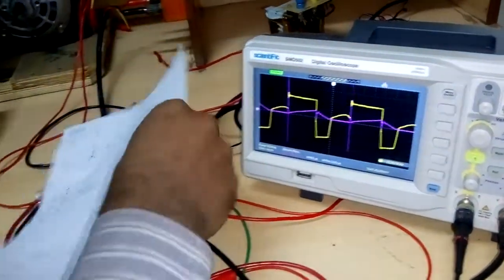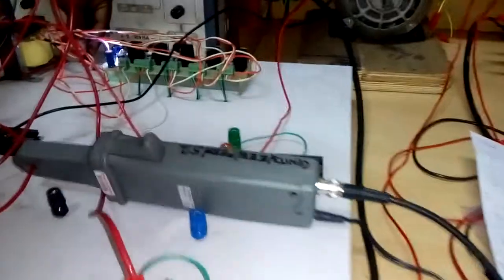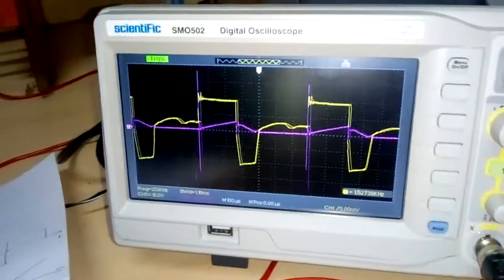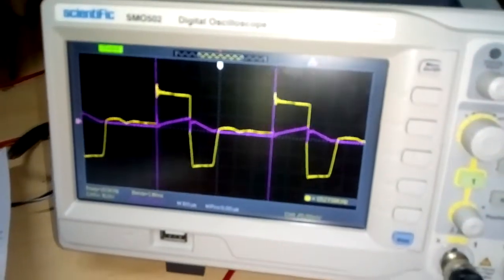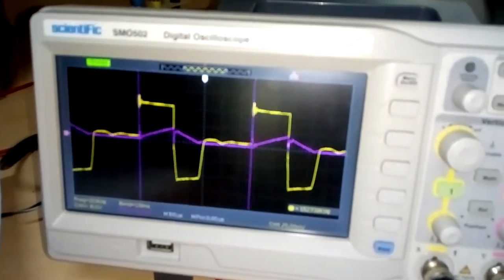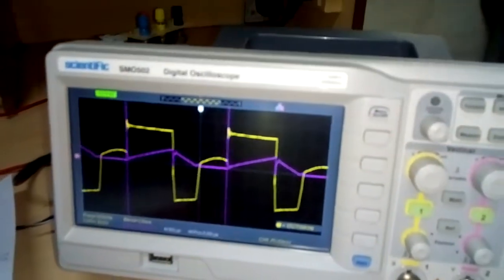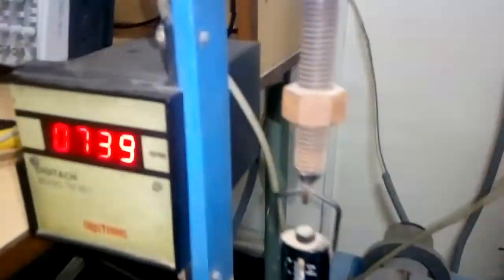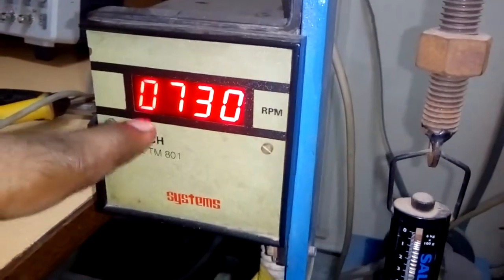Now if I vary the duty cycle, this pulse output voltage varies like this as per the duty cycle. Now coming to whether the motor speed is varying or not, we can see by increasing the duty cycle. So now it is showing around 739 RPM.